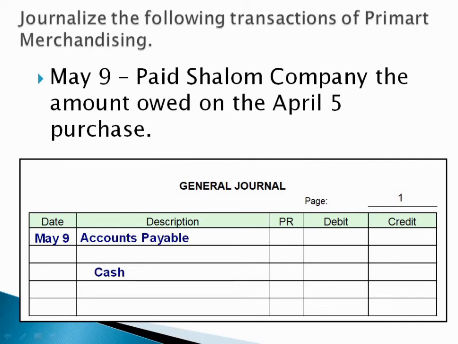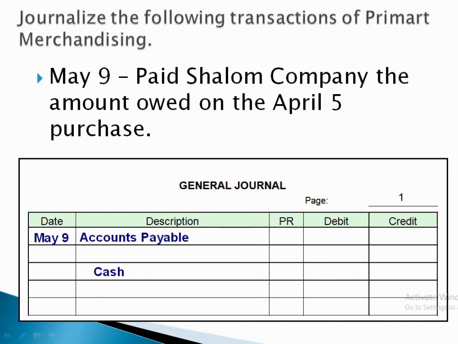In other words, Primart Merchandising paid Shalom Company because Primart had an accounts payable as a result of the purchase on April 5. After the payment, the cash of Primart decreased, so we credited cash, while its accounts payable decreased, so we debited accounts payable. Was Primart able to pay within the discount period? So we should credit purchase discounts here.